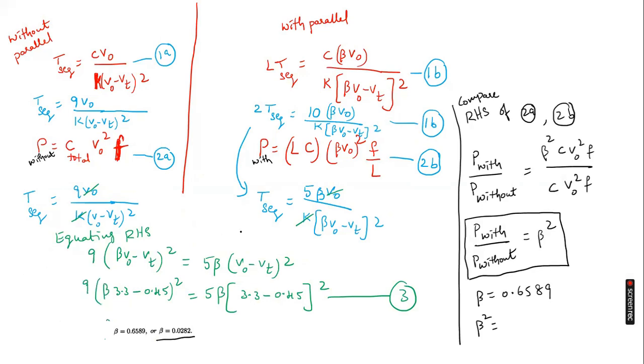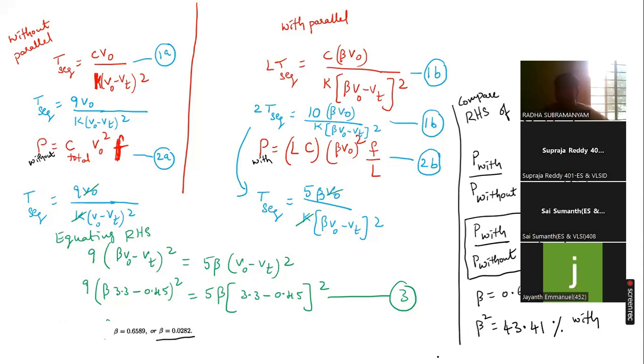I'm not using a calculator, that's the reason. So without parallel processing, power consumption is 100%. With parallel processing, only 43% power consumption takes place.